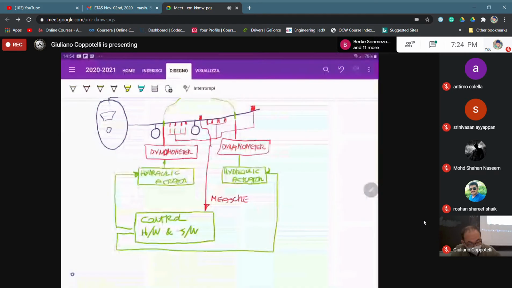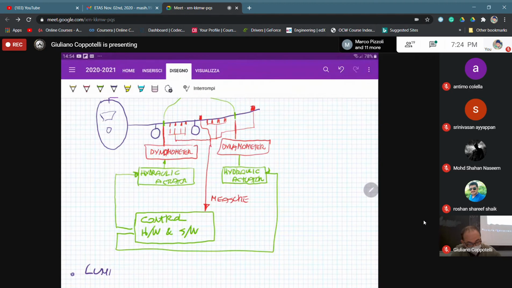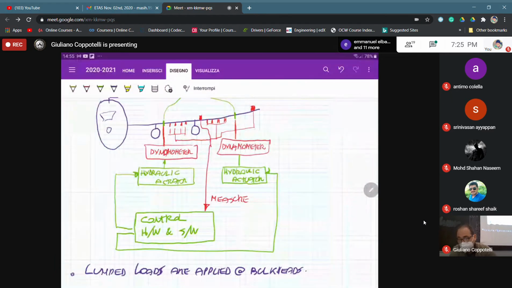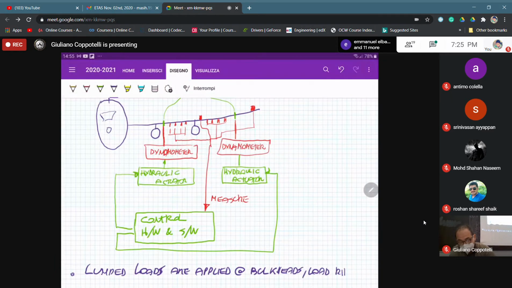Once again, just to discuss some points with this drawing, the lumped loads are applied at bulkheads, load ribs, and whatever point could be used to apply external loads, as already defined from the iterative procedure that we just discussed before.